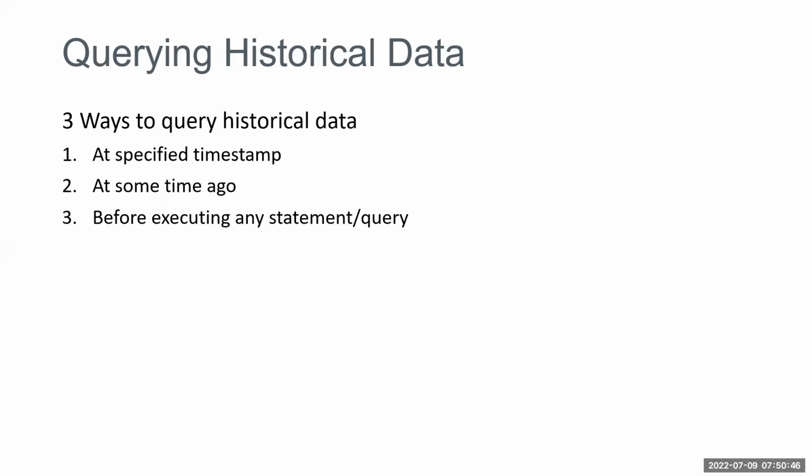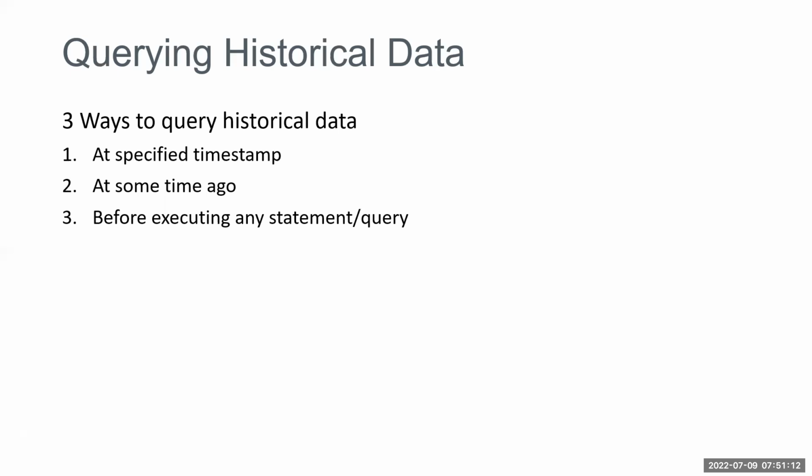So this is one way, and the third way is before executing any statement or query. Whenever we run a query, that query is associated with a query ID. So we can restore the data, or query the data, before executing that particular statement. Suppose I have 100 records in the table, and I ran one delete query deleting 10 records.